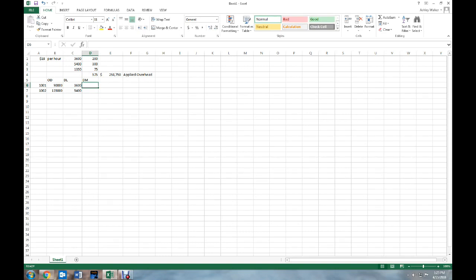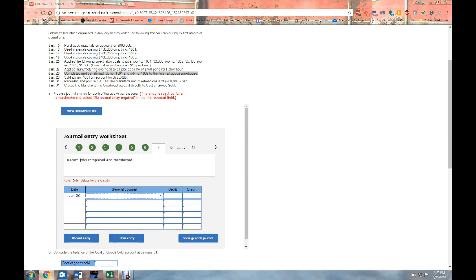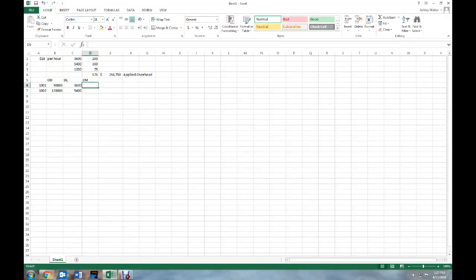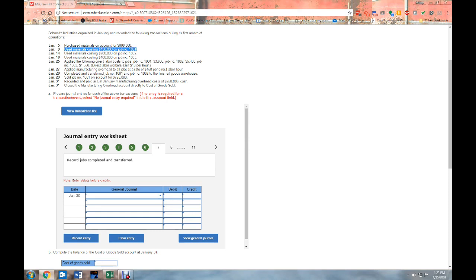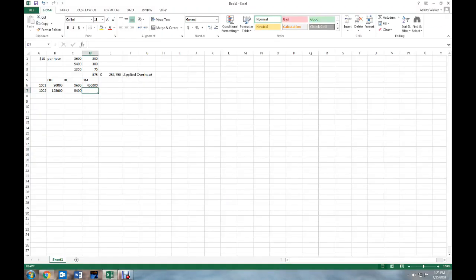And then direct materials, we go back and look. So if we look at the January 9th transaction, so going back, used materials costing $450,000 there. And then for 1002, used materials costing $200,000 there.